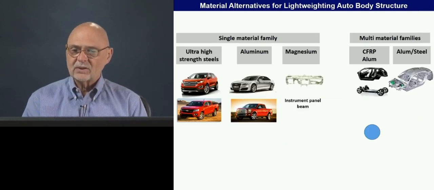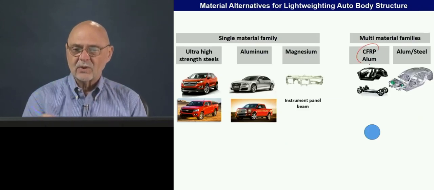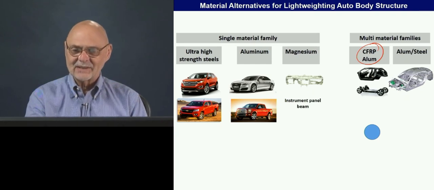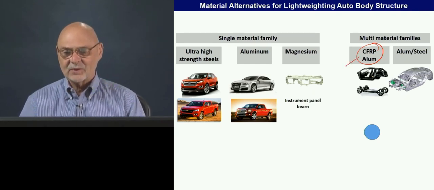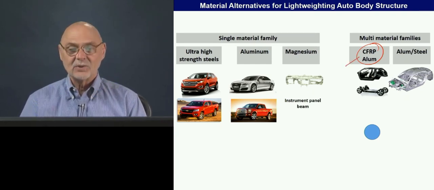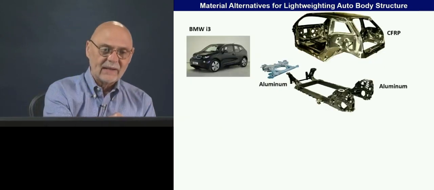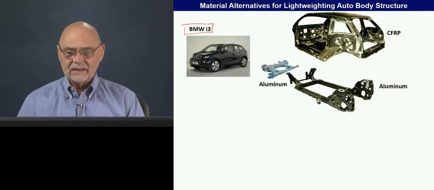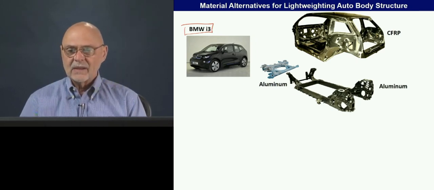So let's very briefly look at a couple more examples. Now we're going over to the multi-material families. There are really not too many cases that we can look at for carbon fiber reinforced plastic and aluminum. The only one that I'm aware of right now is the BMW i3, a little electric car.